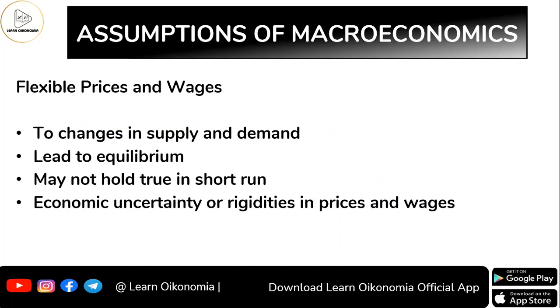Now, flexible prices and wages is yet another assumption used to deal with macroeconomics, especially by the classical economists. They believe in the assumption of wage and price flexibility. This deals with supply as well as demand, with changes leading to equilibrium. But this will not hold true in the short-term scenario of reality.